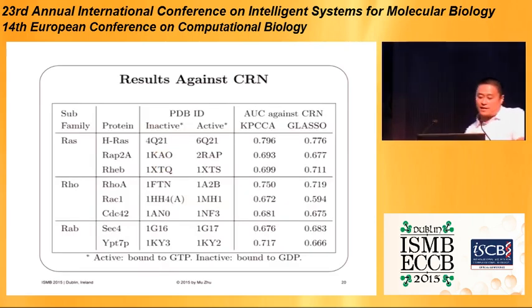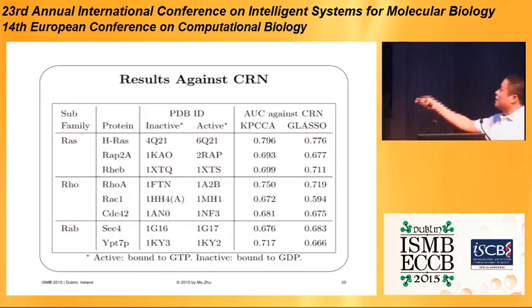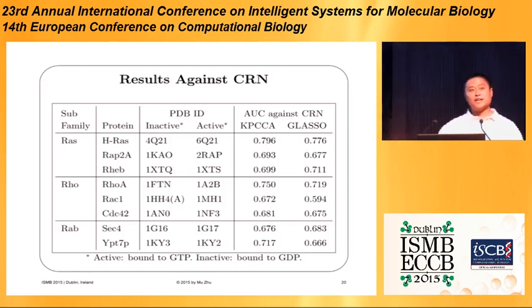So basically, the result is, these AUC, area under the ROC curve, are about 70%. 50% is random, 90% is really good agreement, 70% is good agreement, but obviously not as high as 90. But if you have a biomarker for cancer, 70% is considered a good biomarker. So this says the way we do this, we get reasonably good agreement with contact rearrangement networks.